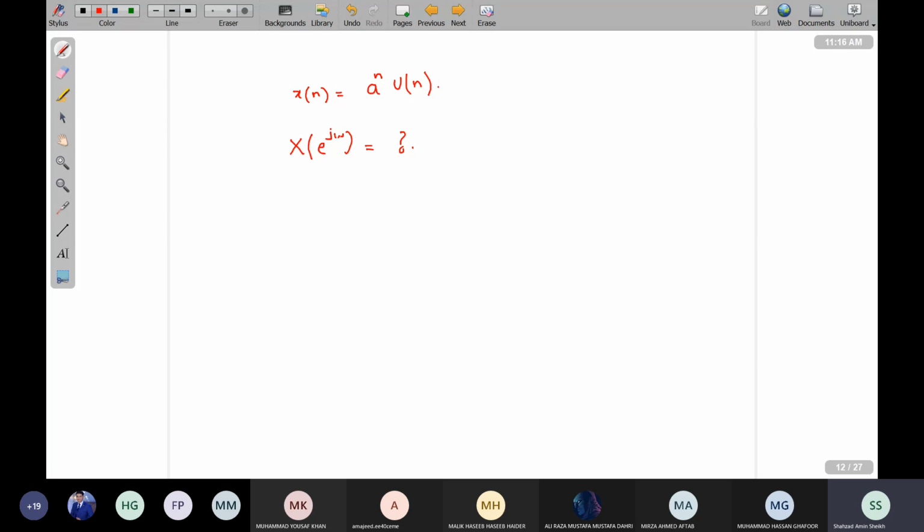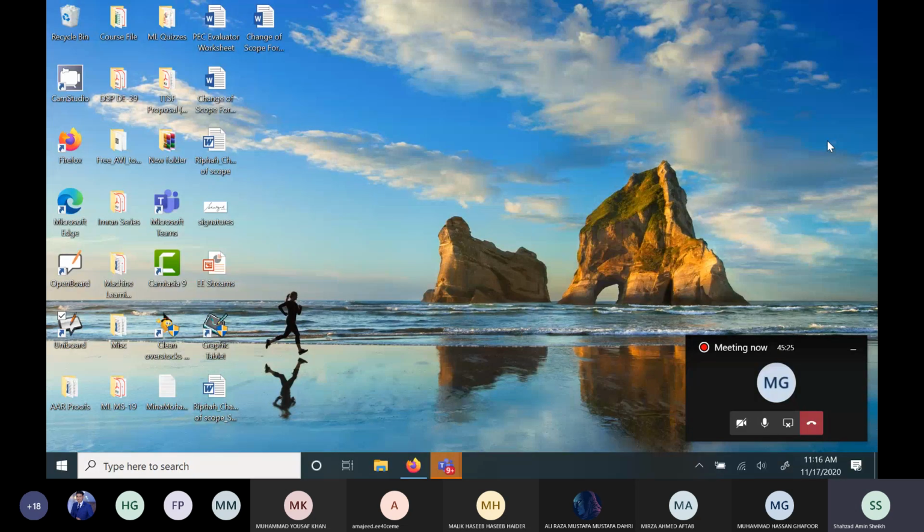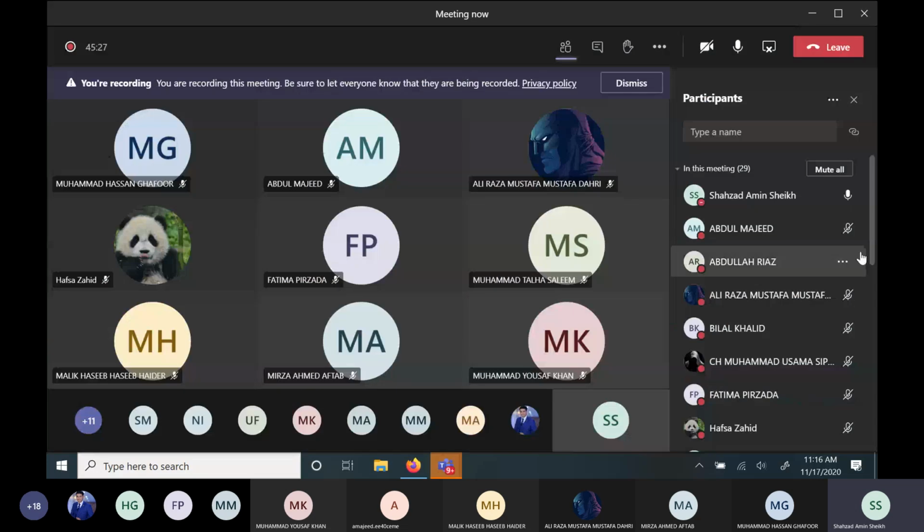How to proceed for this example? फातिमा पीरजादा, आप बताइए.